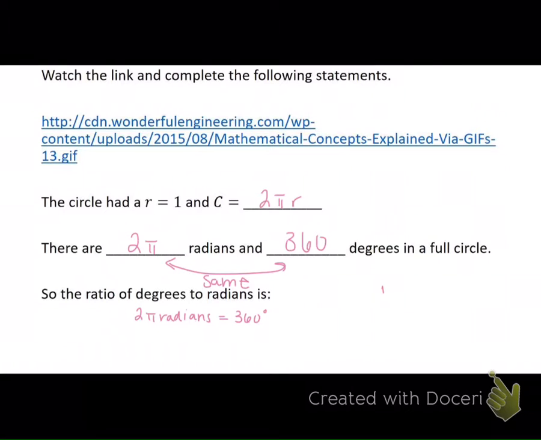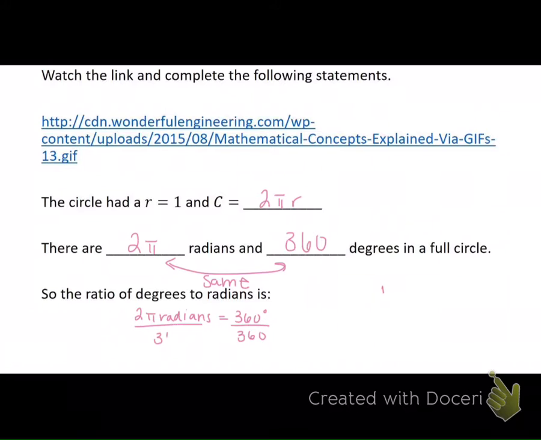So if we want to go from degrees to radians, we need to keep our pi in the top of the answer. So if we're going from degrees to radians, and we divide this, that is pi radians.